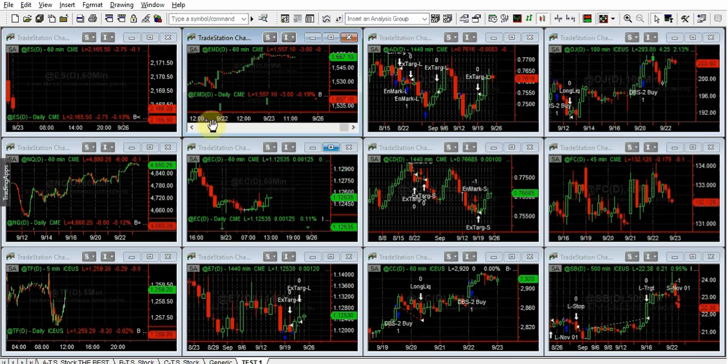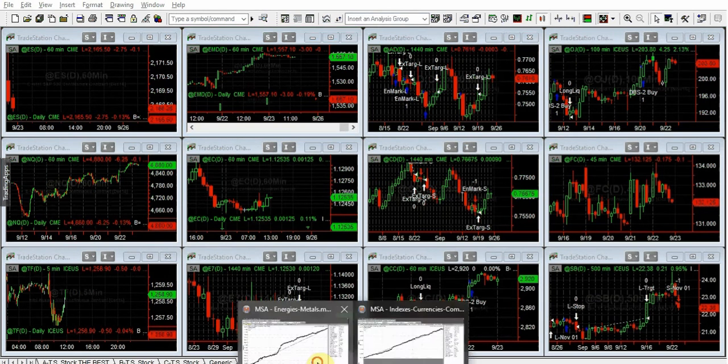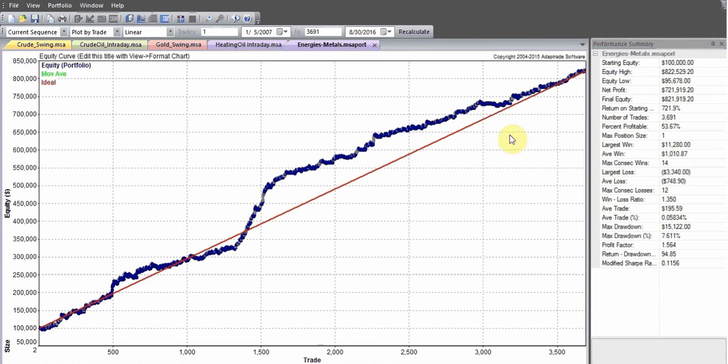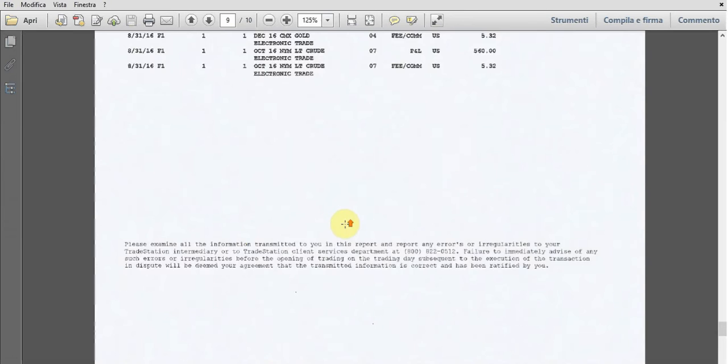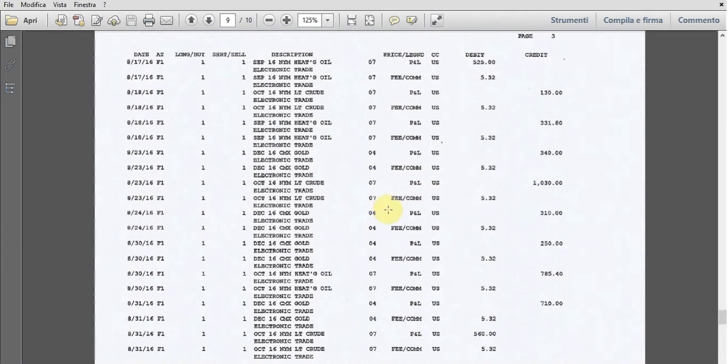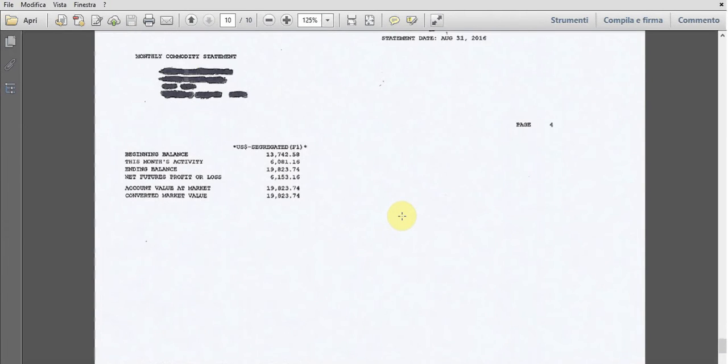We have other strategies on different instruments. Some of them have been developed by myself, and we show you the portfolio and the second portfolio, with some real performance. The purpose of this video is that, depending on your account size, we can offer you a number of strategies and different portfolios.